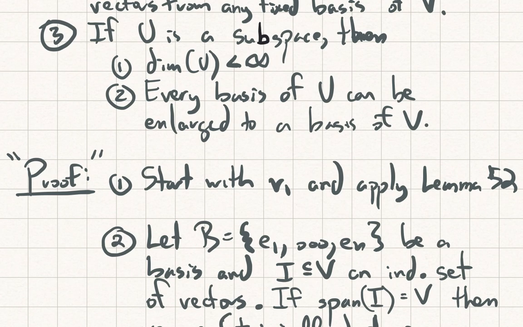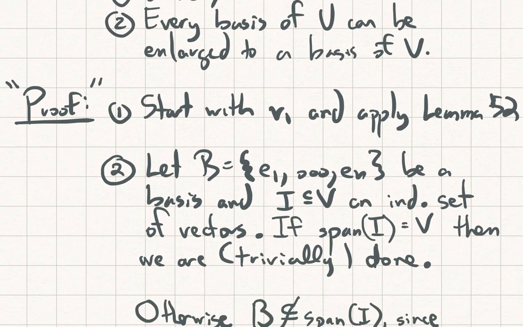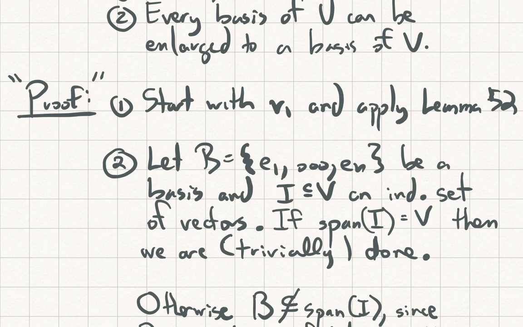The second part says that if we have a basis of V, let's say there are n vectors in it, e1 up to en, and we have some linearly independent set I of vectors, we can check if that's already a basis. If it's a linearly independent set that spans V, it's already a basis, and we're trivially done.